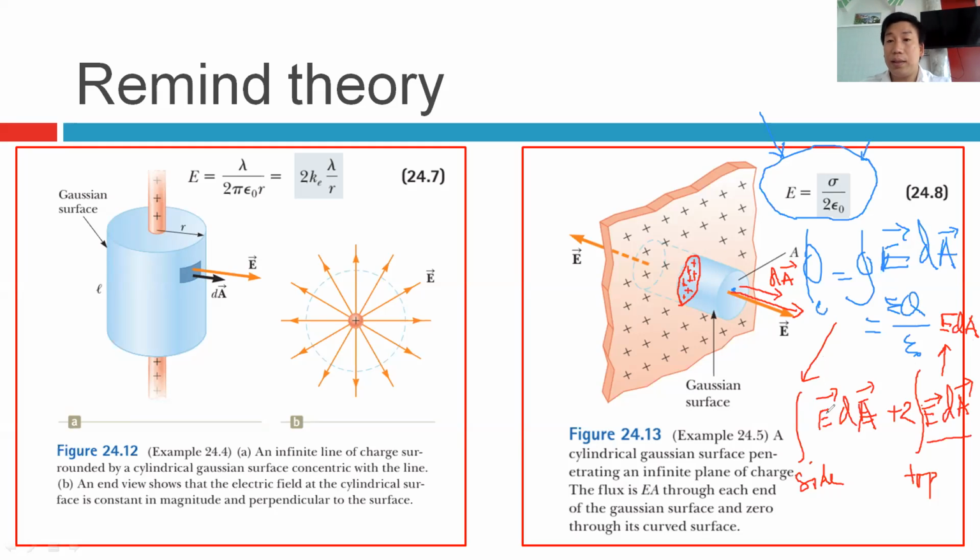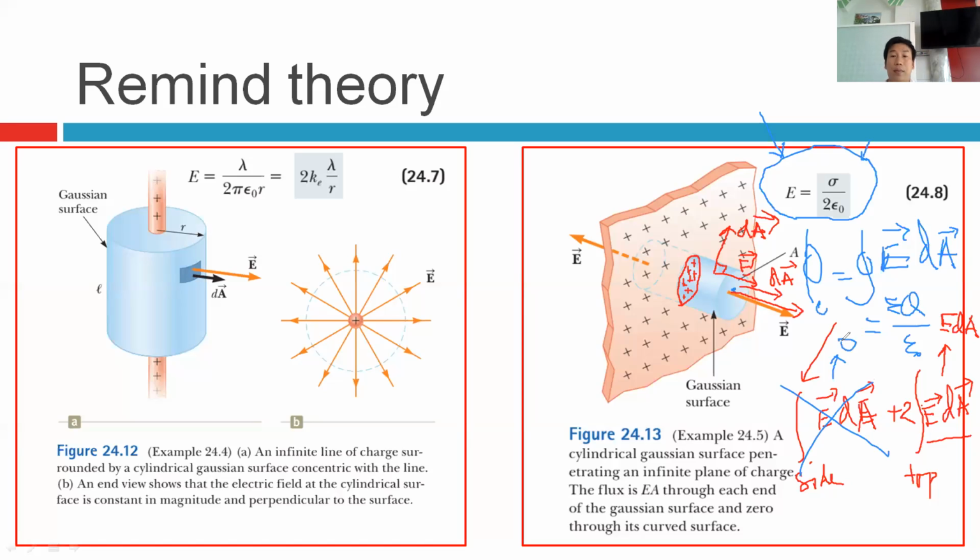But how about the multiplication on the wall? You can see dA in this direction, right? And remember that vector E is also in this direction. So the angle is 90 degrees. It means that this integral equals 0.